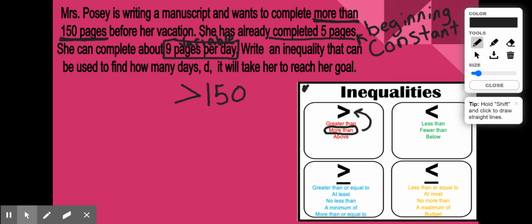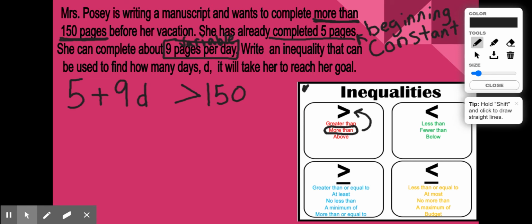Write an inequality that can be used to find how many days, D, so D is the letter we should use, it will take her to reach her goal. So we know she already has 5 pages written, and she can write 9 more pages per day.